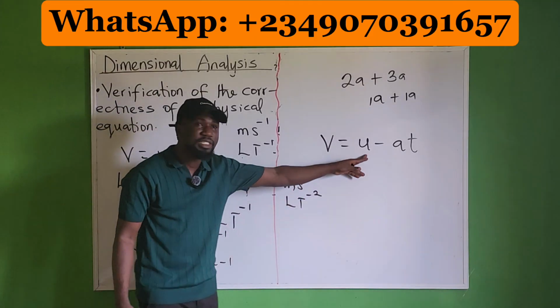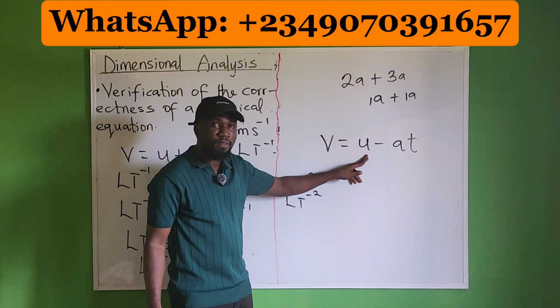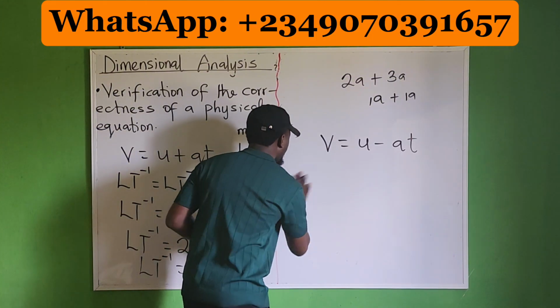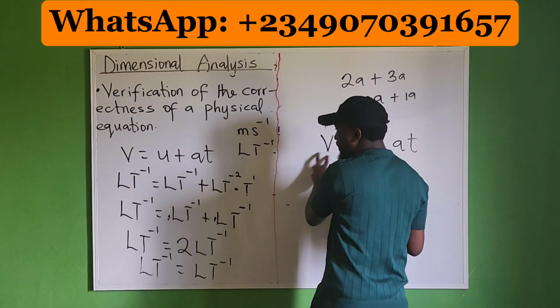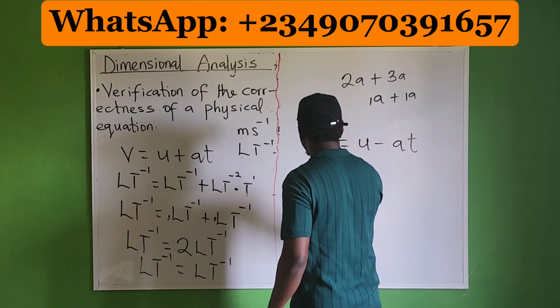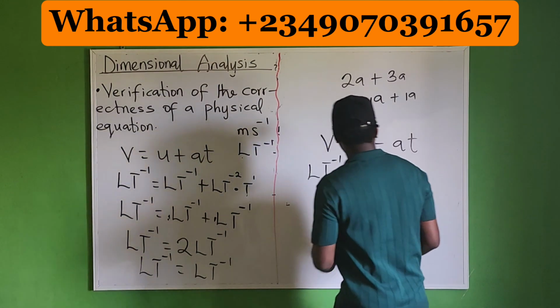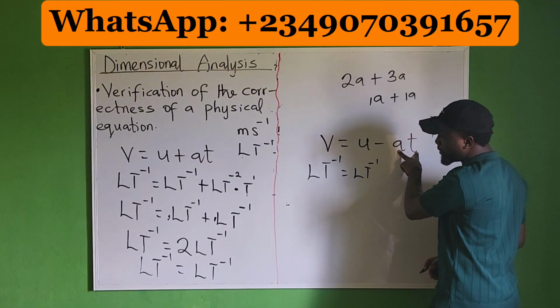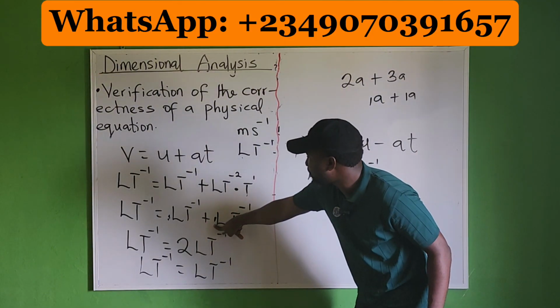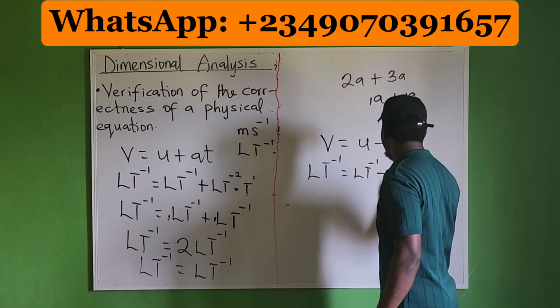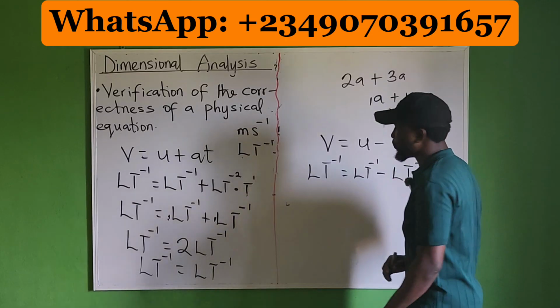But if we are to do it this way, for V we have LT^-1 equals, here is also LT^-1. When we did A and T together, what did we have here? We have LT^-1 minus LT^-1.